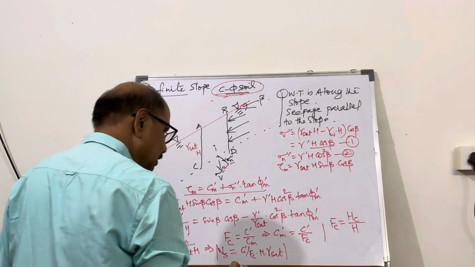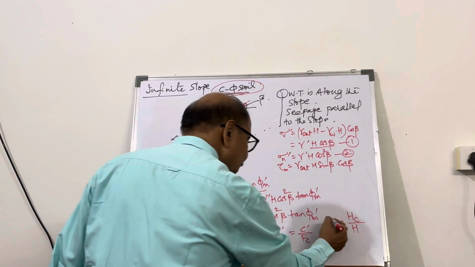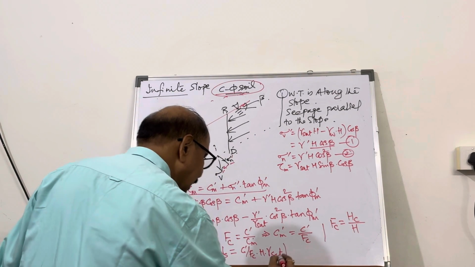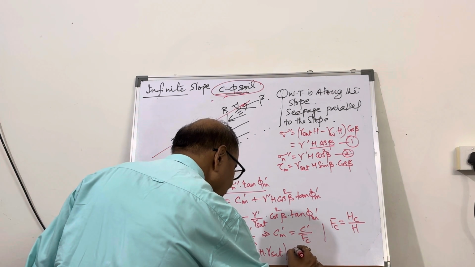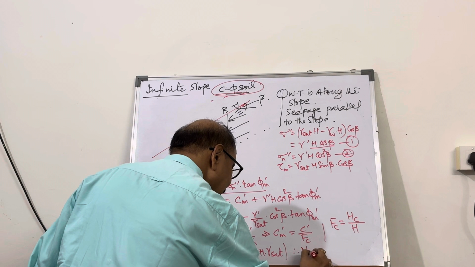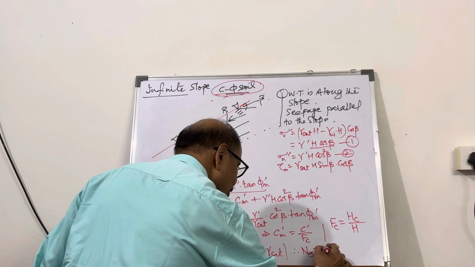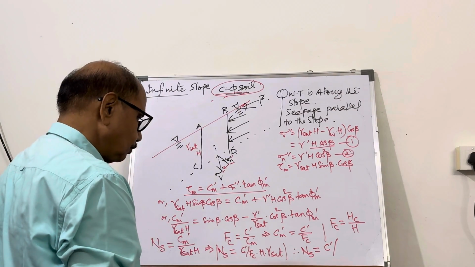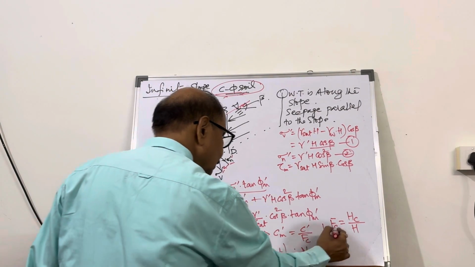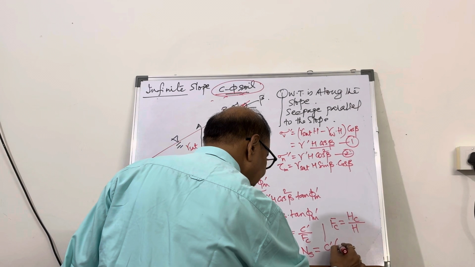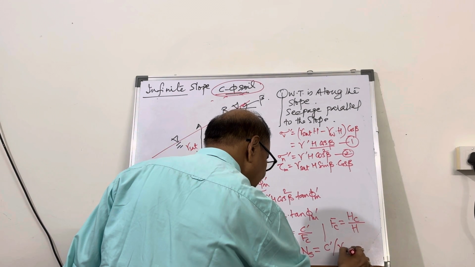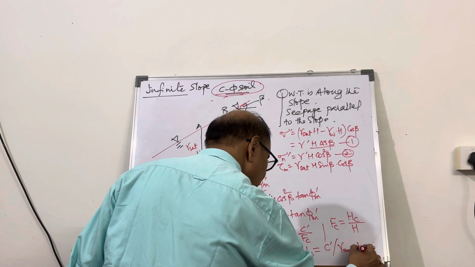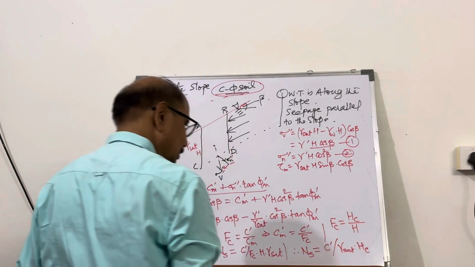Therefore, this implies that Fc into H equals the critical height, and therefore the stability number can also be written as C prime upon Fc into H, which is the critical height, so gamma saturated into H critical.